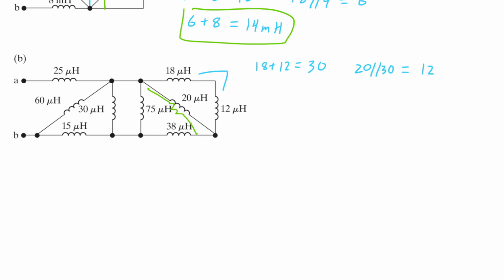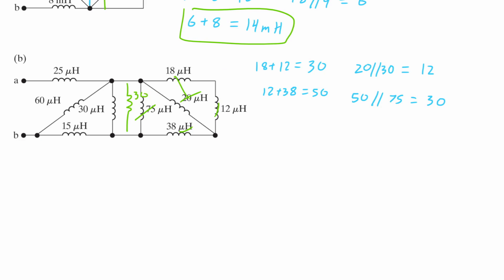So 12 plus 38 equals 50. And that 50 is in parallel with the 75. 50 in parallel with 75 is 30. So I'm going to go ahead and simplify this whole network, cross out all these basically, and say we have a new L right here that is 30.